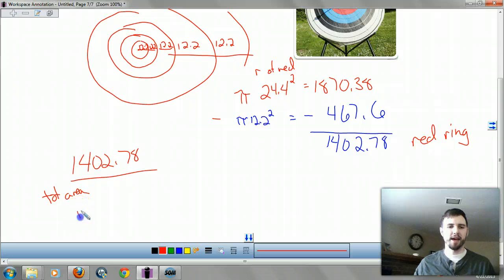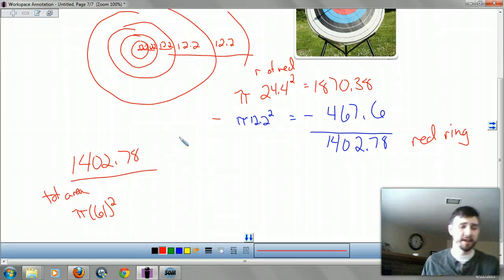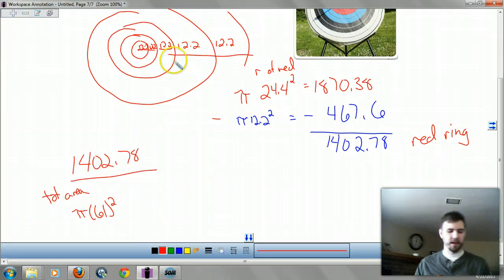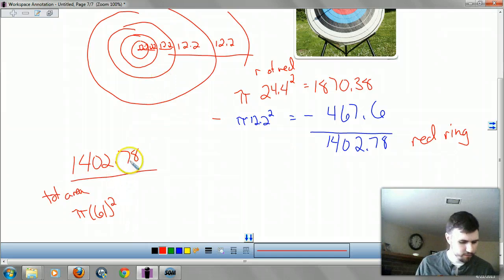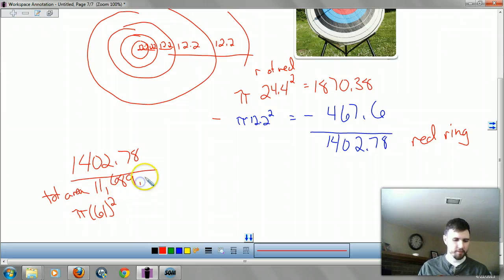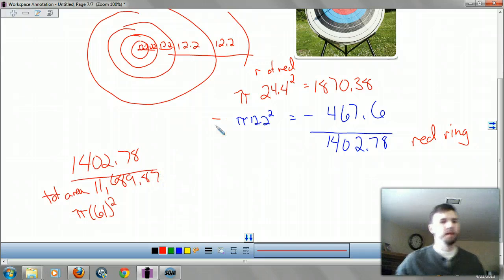So I do pi times 61 squared. Again, that's 12.2 times 5. So that's 11,689.8687.